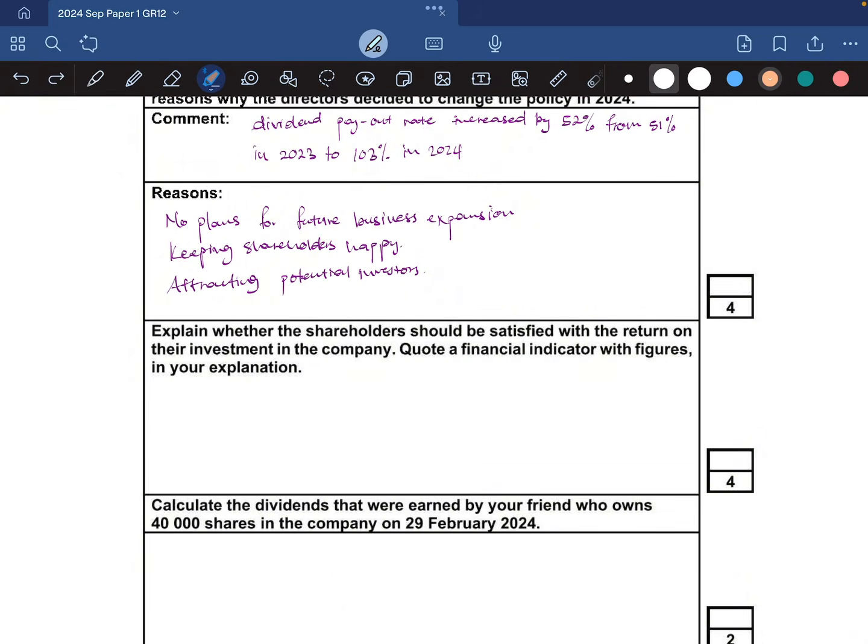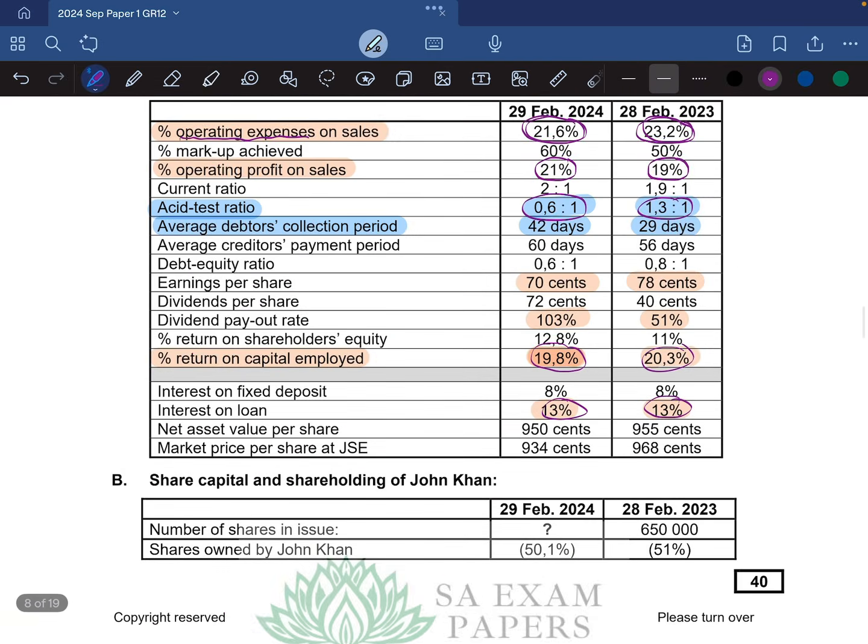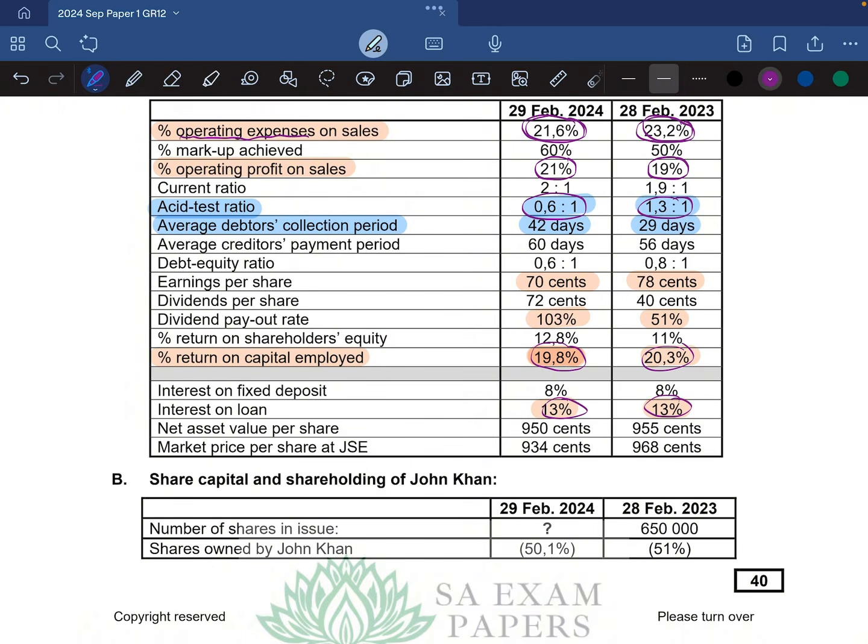So here we're looking at the return on their investment, which is our share. So the return on shareholders' equity, just above our percentage return on total capital employed. When we are looking at the ROCE, we know that the ROCE was 11% in 2023 and became 12.8% in 2024.